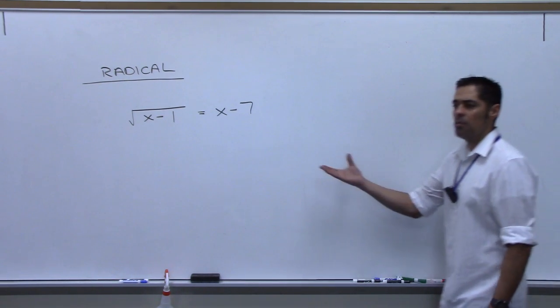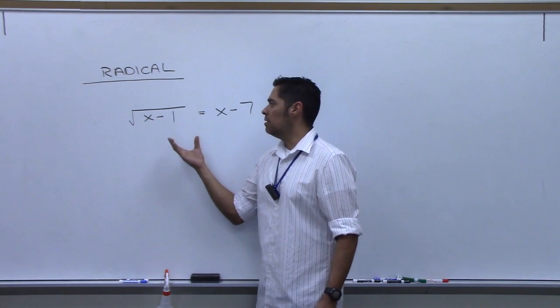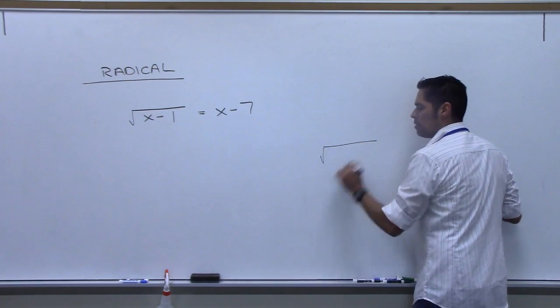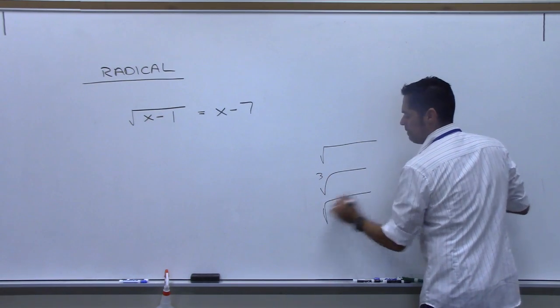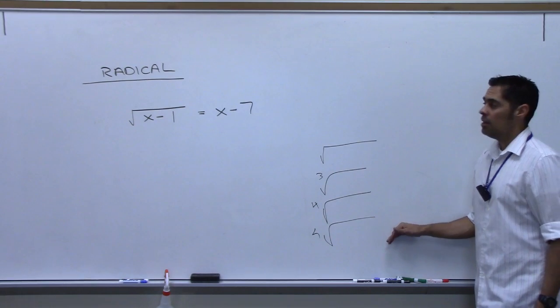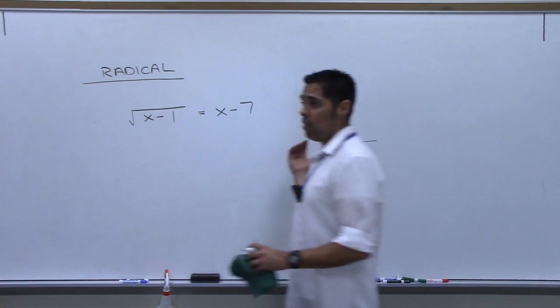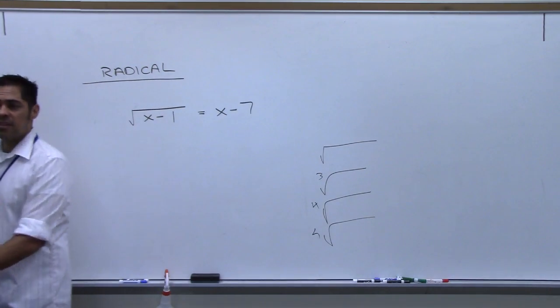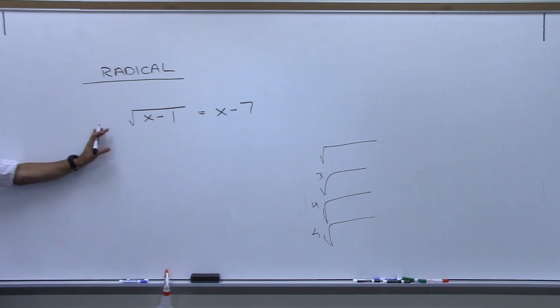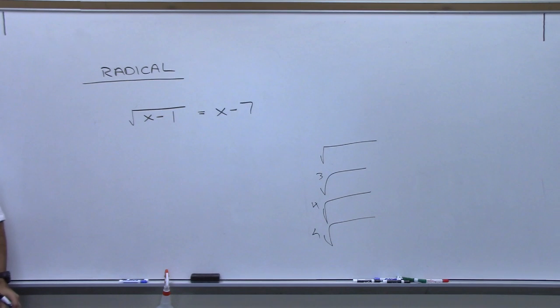So this is a radical equation. How many radicals do you see? Just one, right? A radical is a square root. You could have a cube root, fourth root, fifth root. Doesn't matter. These are all radicals. So any radical equation involves a root. In this case, it's a square root. So we want to isolate the most complicated radical. There, it's isolated, isn't it?